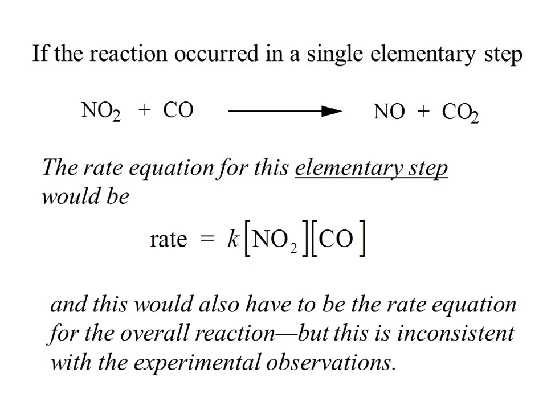We can't use the molecularity to get to the rate law expression. So let's look at what they propose: it occurs in one slow step followed by a fast step.